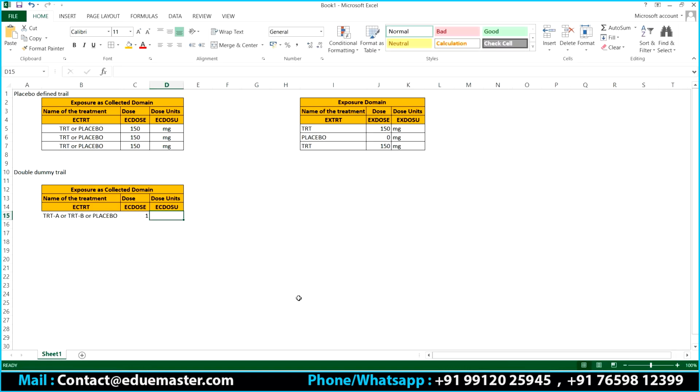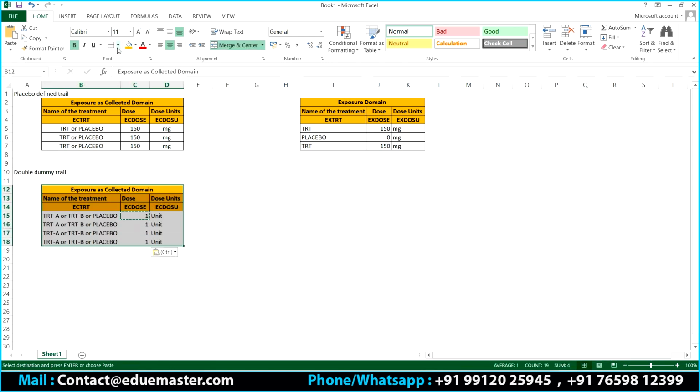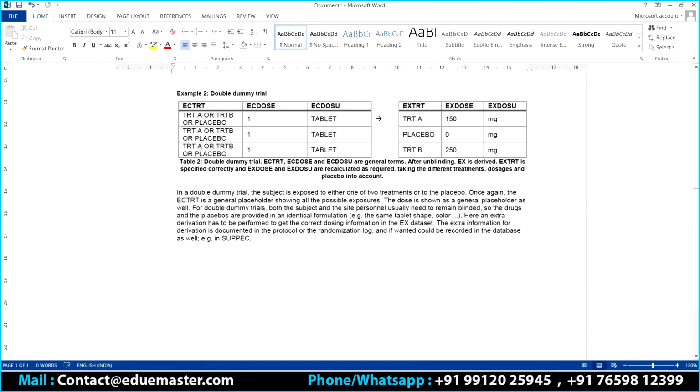Let's say the treatment is going to be just a pill, so I'm going to call it a unit. Let's say there are going to be 4 patients, and for all of them it is going to be the same. So they never know in the double dummy trial what exactly is going to happen: the subject is going to be exposed to either one of the 2 treatments or to the placebo.